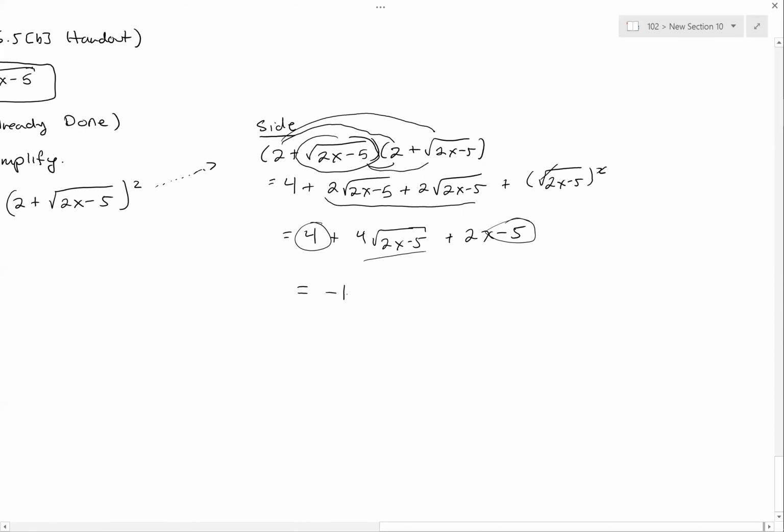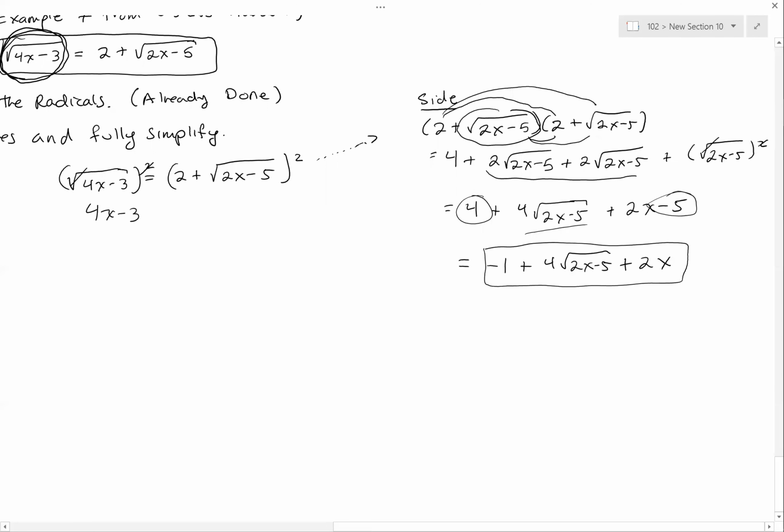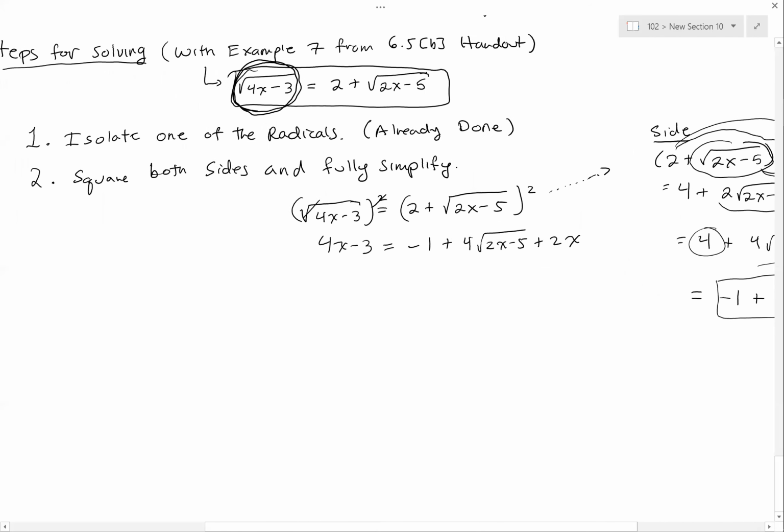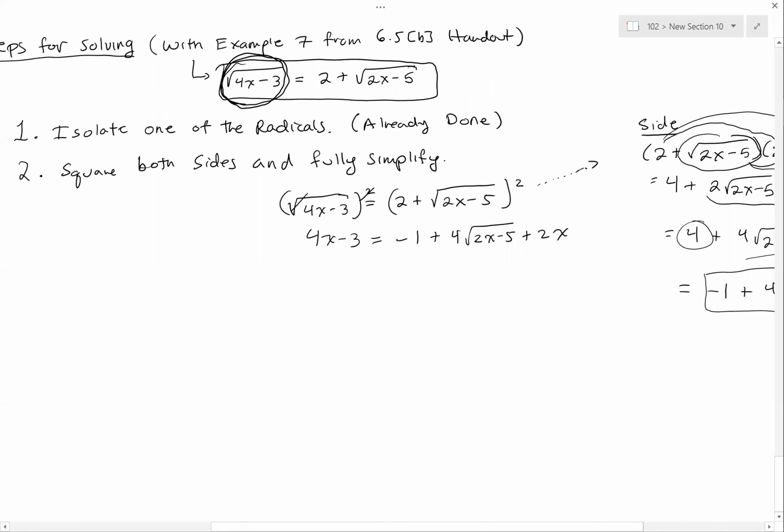So this will be a -1 plus 4 square roots of 2x minus 5 plus 2x. So squaring out that right-hand side was kind of a chore, but we made it. And that is what the right-hand side is after squaring. Looks quite different from what it was in the previous line, right? So that's step 2. Square both sides and fully simplify.